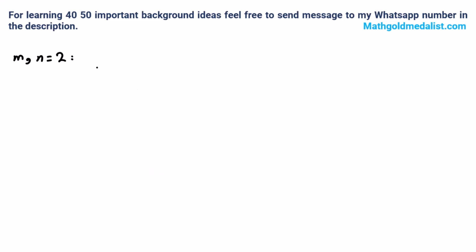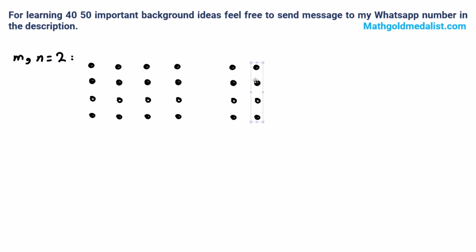So let's consider n equals 2. So we have 4 points in each column, and then we can say, okay, first one, second one, third one, fourth one, and so on. Okay, this one and this one.